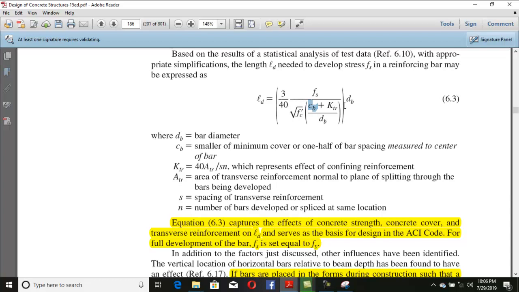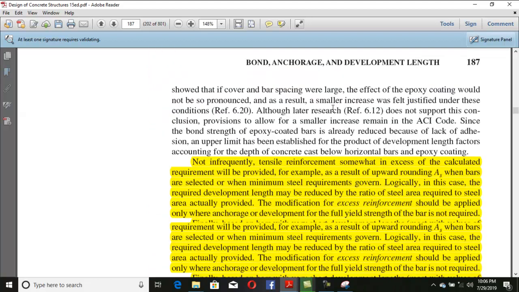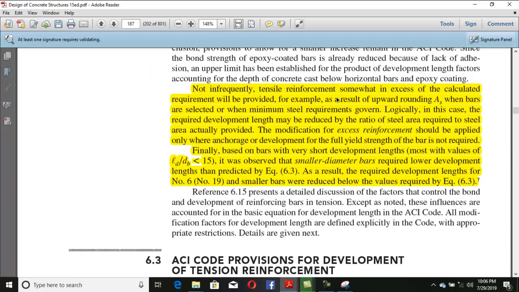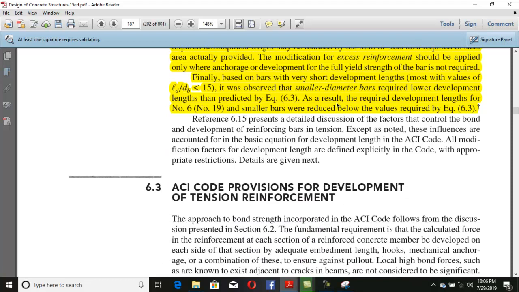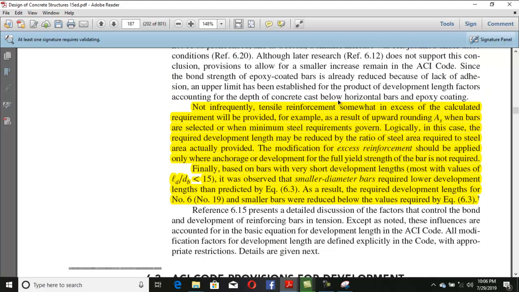So there is the coating effect, the depth effect, as well as the cover effect. There are some modification factors which we will introduce. And remember, there is another factor, the modification for excess reinforcement ratio. Whenever we are designing a concrete member, we deal with as theoretical and as provided.